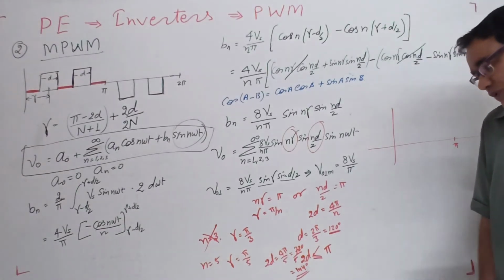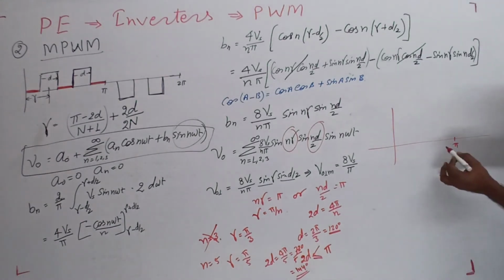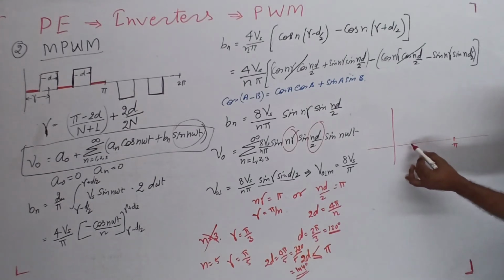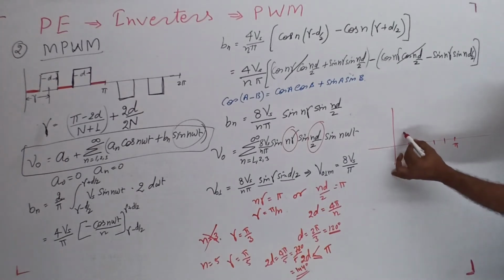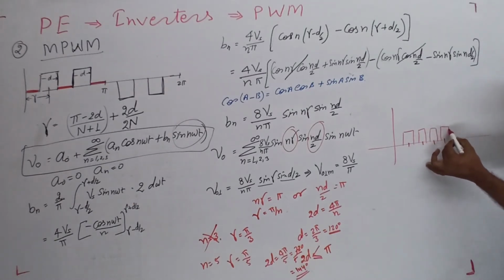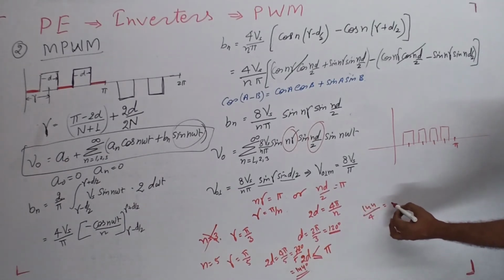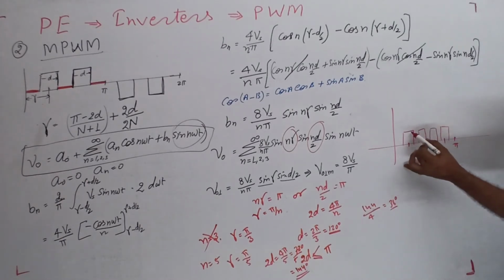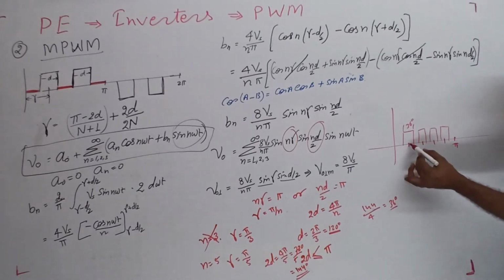So now we take pulse width 144 and the symmetrical angle pi by 5. Divide it into 5 equal parts: 1, 2, 3, 4 and 5. Here is the first wave, here the second, the third, the fourth. So 4 pulses, and the total width of the pulse is 144 divided by 4, which is 36 degrees. So the width of each pulse is 36 degrees. So the value of gamma comes out.